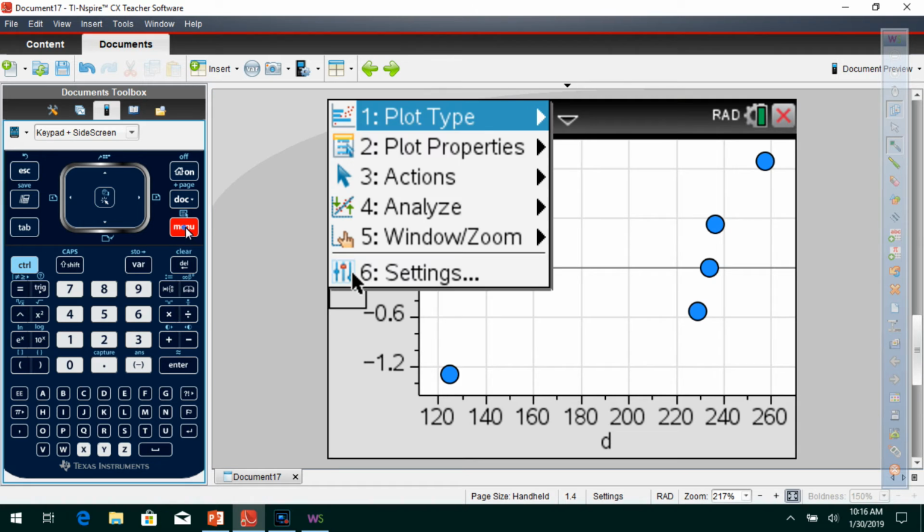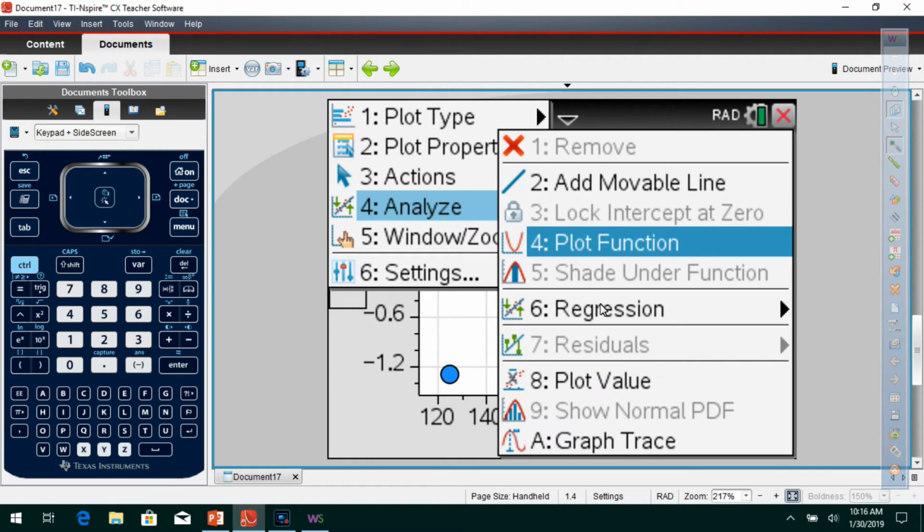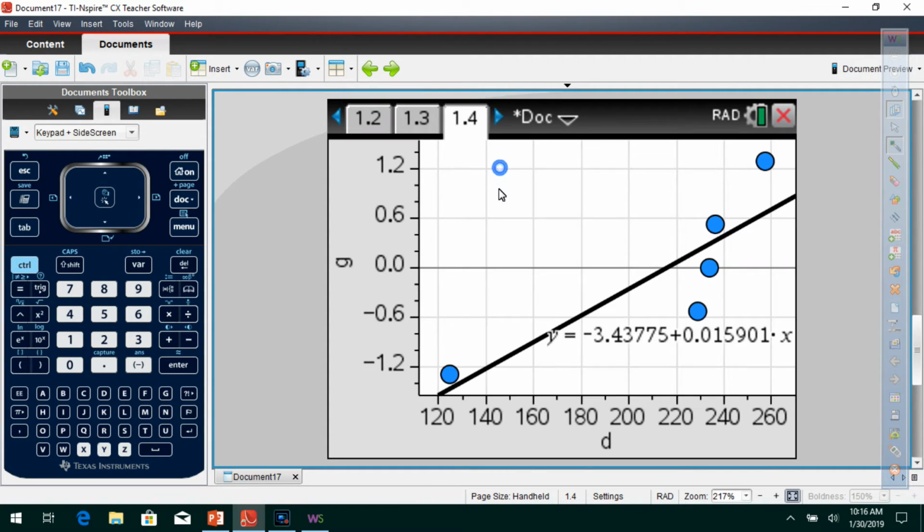That would be menu, analyze, 4, 6, and then linear. Okay. And then if you want, you could move it around a little bit if you think you can do it better. All right. And there you go. That is making a quantile plot by hand.